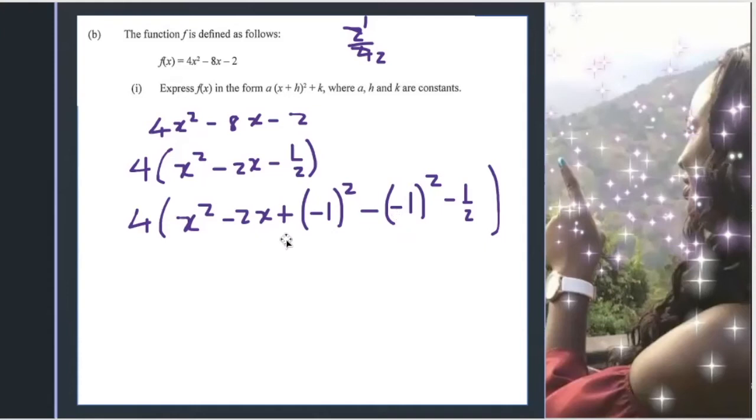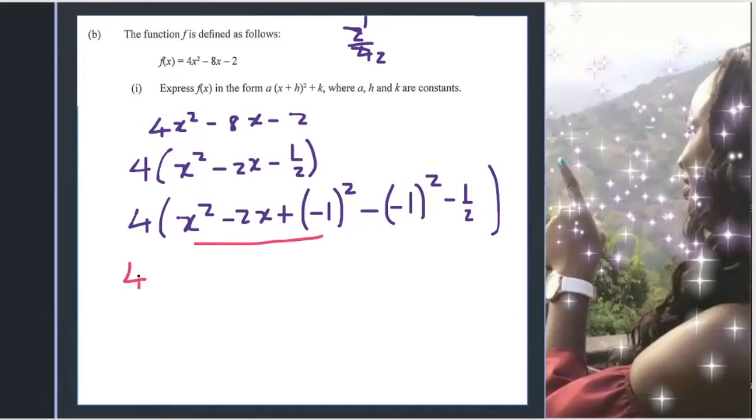So in other words, if it was positive 2 here, then I would find half of positive 2, that would be 1. So I'd have plus, this would be a positive 1 all square, minus positive 1 all square. Now, this part will become a quadratic where it becomes all square.